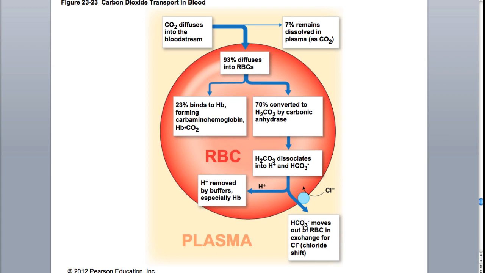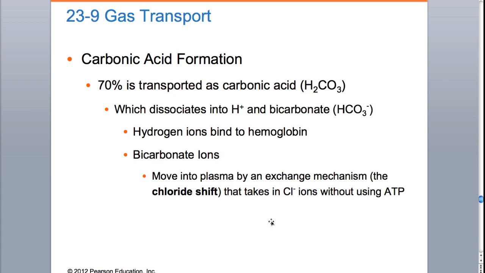Then in this case we have the bicarbonate ion moves out of the red blood cell in exchange for Cl. Now the Cl down here is called the chloride shift. So let me go back to that line. So here's that slide a moment ago. It's dealing with the chloride shift. So this is how we ensure that we can do the buffering.